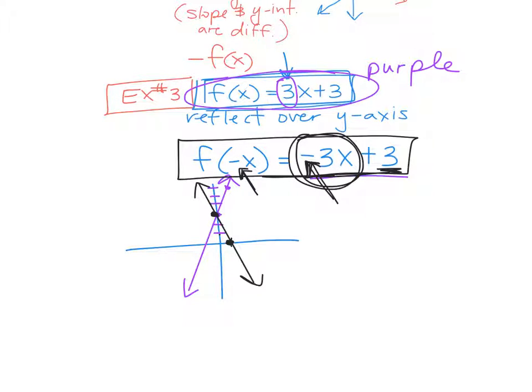But if that's a positive 3x and the original was a negative 3x, would that still be an f of negative x, or would it be an f of positive x? It would be the opposite of whatever your original was, yes. Because the negative isn't necessarily meaning negative, it's meaning opposite, right? So if it was positive, you're making it negative. If it was negative, you're making it positive. So when I was doing f of x, now it's f of negative x. Am I answering your question? Yeah. Okay.